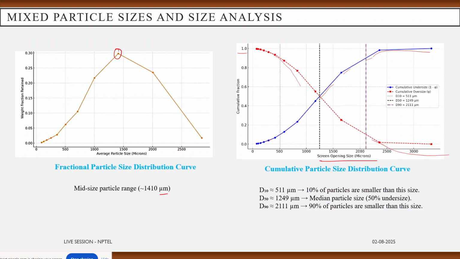To calculate D10, between 0 and 0.2 there will be 0.1. You intersect with this graph, and it denotes around 500, it can be a little bit different. So 511 micron is D10.